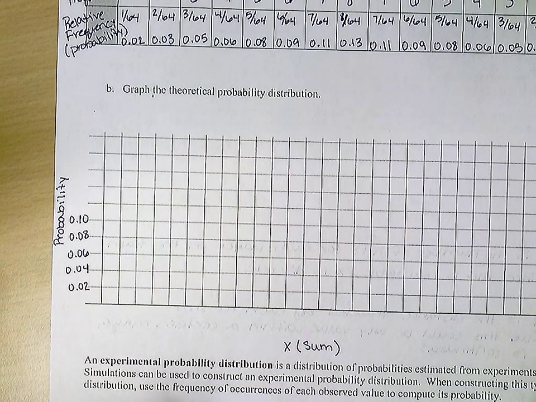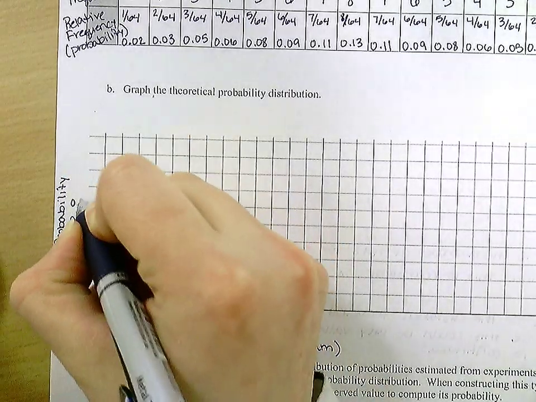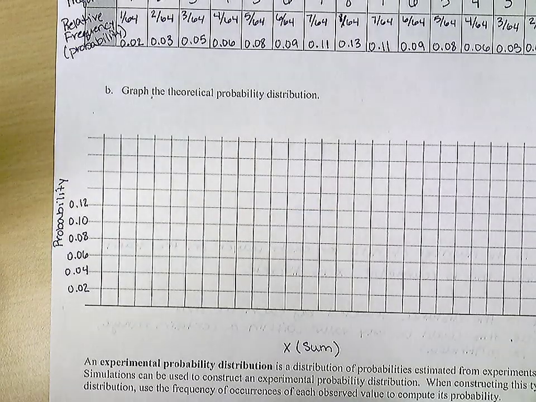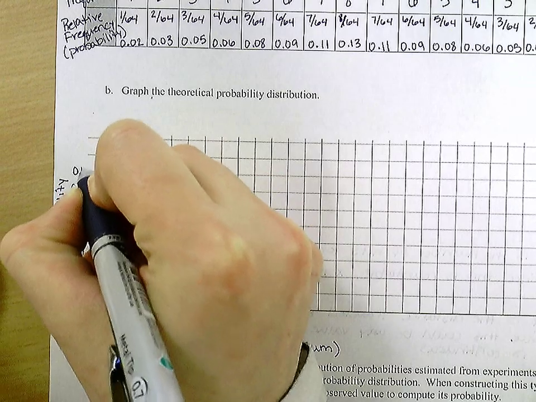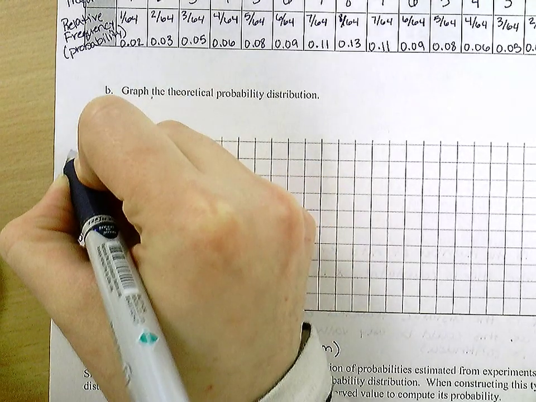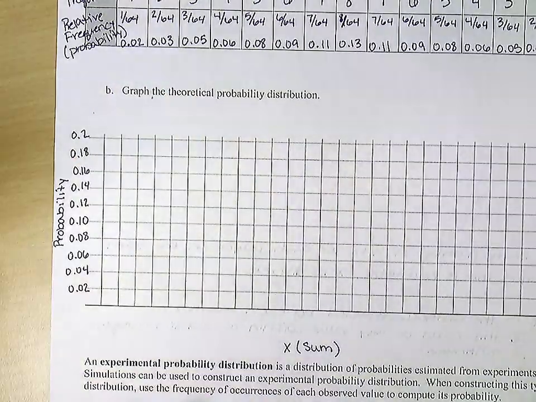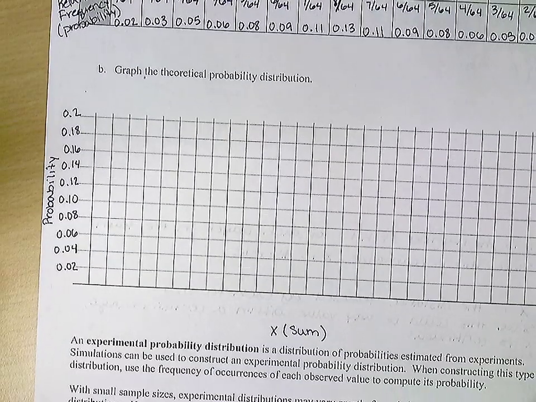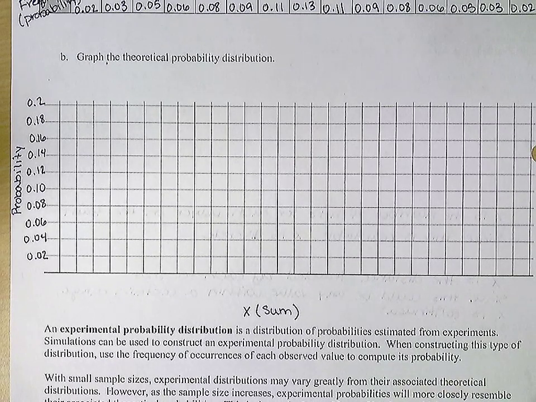When you go from 0.08 to 0.1, remember it's 0.1 then, not 0.010. Then I have 0.12, 0.14, 0.16, 0.18, and 0.2.